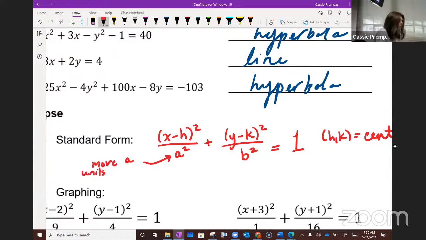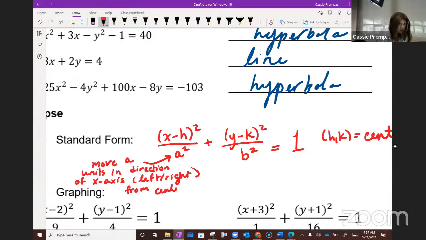Notice the a is under the x variable. So you're going to move a units in the direction of the x-axis. That would mean left and right from the center. It's going to tell you how wide your ellipse will be.